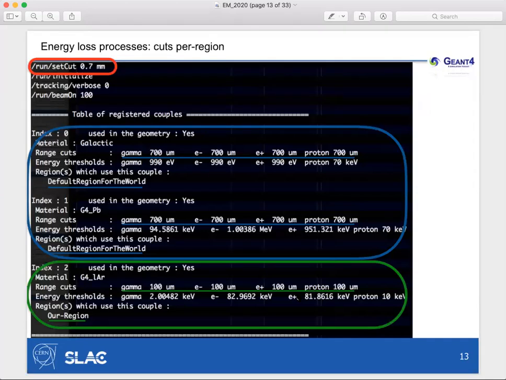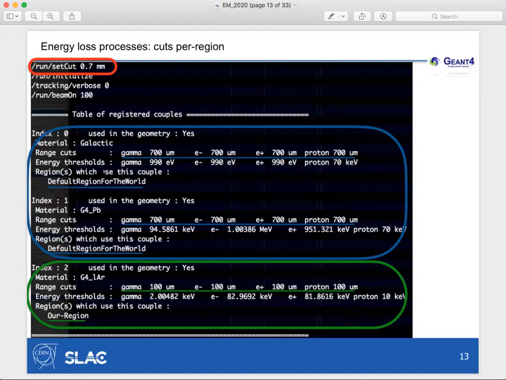And when you run the simulation and you see the printout after the beamOn, you can see the report of what kind of material cut couples and secondary particle production threshold you have. And in the first case, you can see that the first material is galactic, which is actually filling out the whole world.